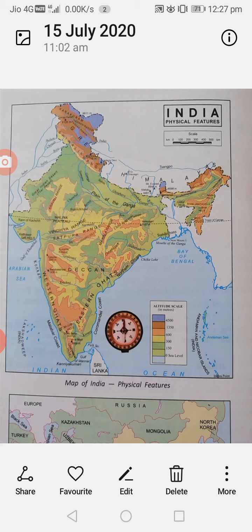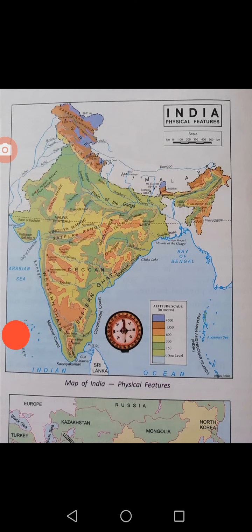Western Ghats, our Karnataka is sharing Western Ghats, along with Kerala, Maharashtra and Gujarat. All these are called physical features of India.